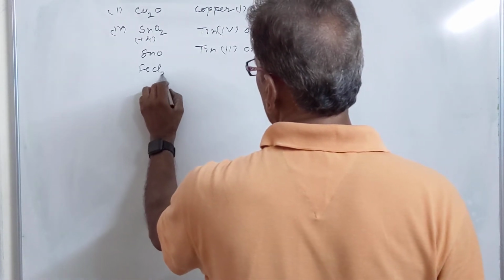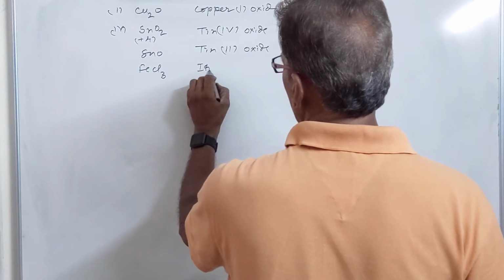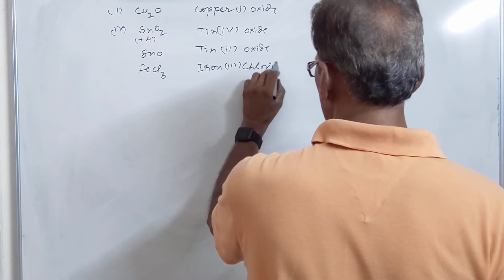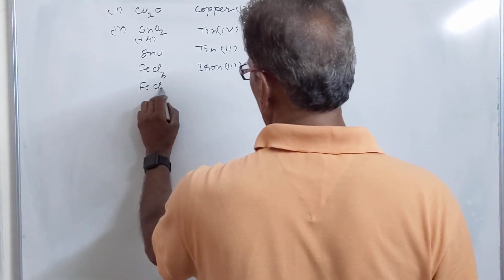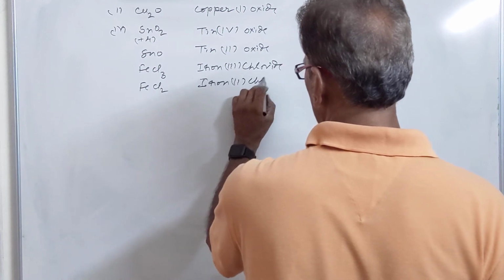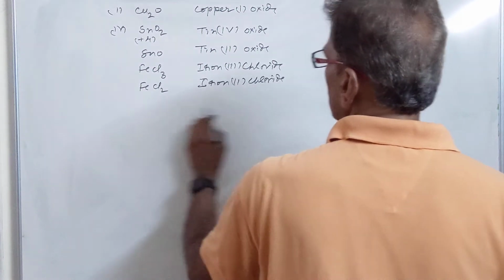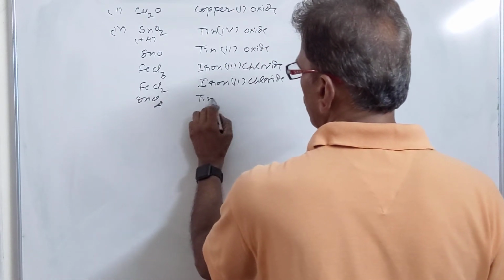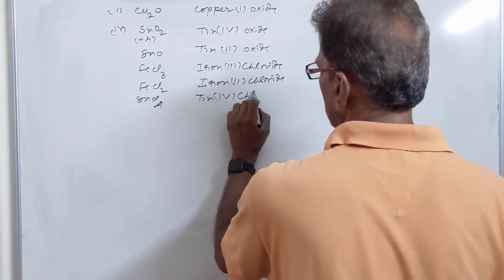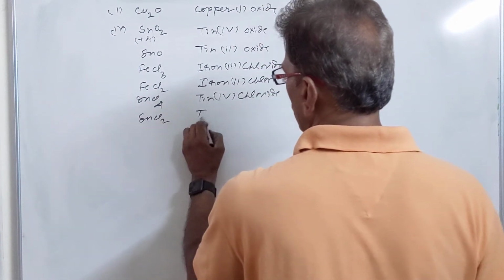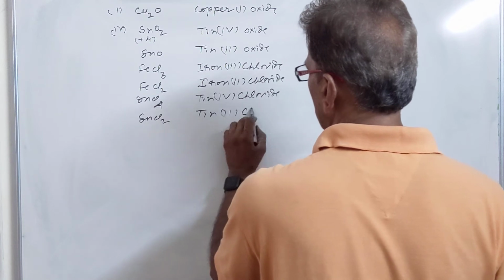We have FeCl3, iron(III) chloride. We have FeCl2, iron(II) chloride. SnCl4, tin(IV) chloride. Then we have SnCl2, tin(II) chloride.